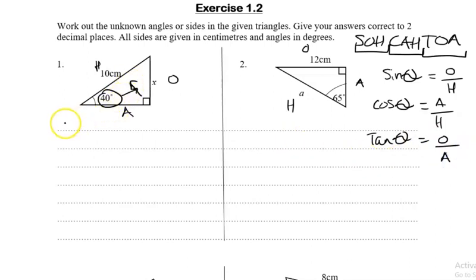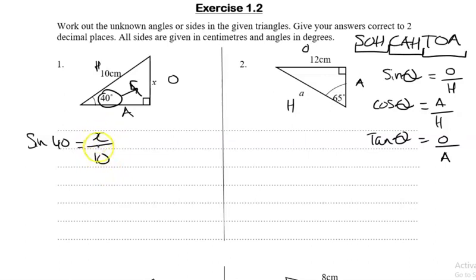So question 1, you have O, that's given to me because we're working it out, and we have H. O and H is in the first formula here. So we're going to use sine theta, which is 40, equals opposite over hypotenuse.